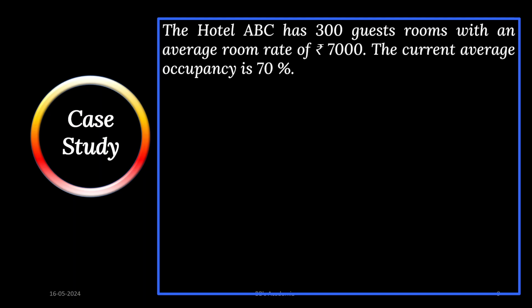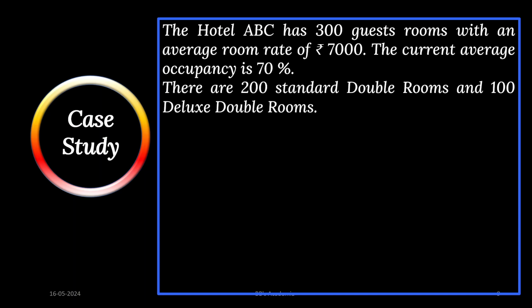Yes, we are talking about the example in the form of a small case study, and we'll see that first. Hotel ABC has 300 guest rooms with an average room rate of rupees 7,000. The current average occupancy is 70%.